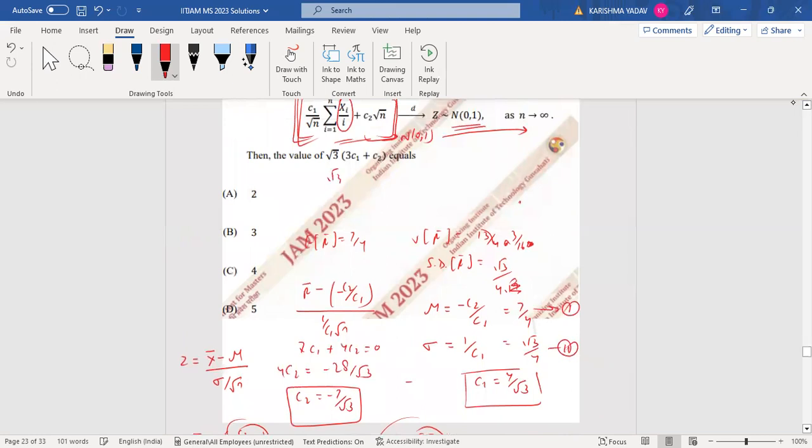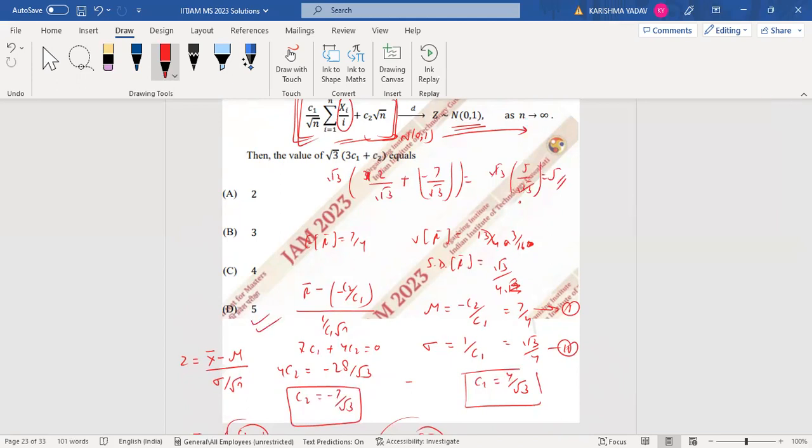Let's put the values. 3c1, c1 is 4 by root 3, so this will be 12 by root 3 plus c2 is minus 7 by root 3, that is equal to root 3 times 5 by root 3. Root 3 will cancel out, this is equal to 5. So option D is correct.